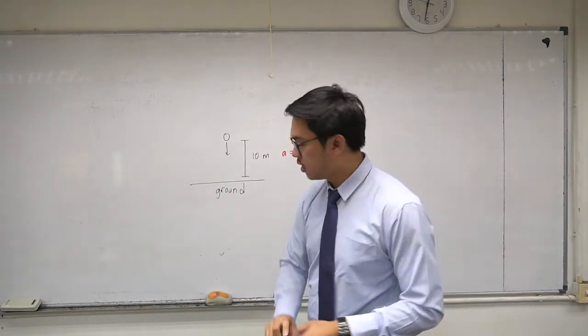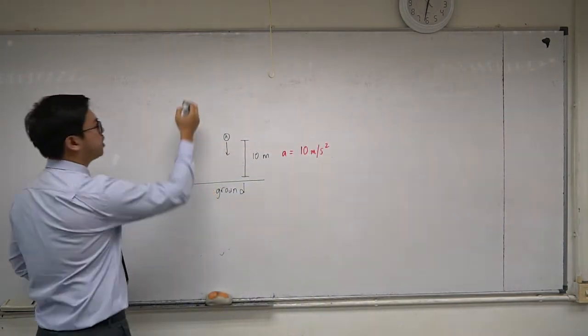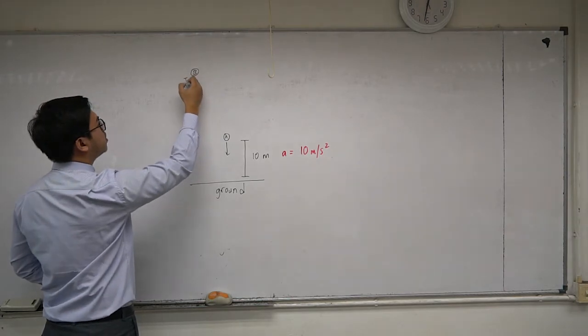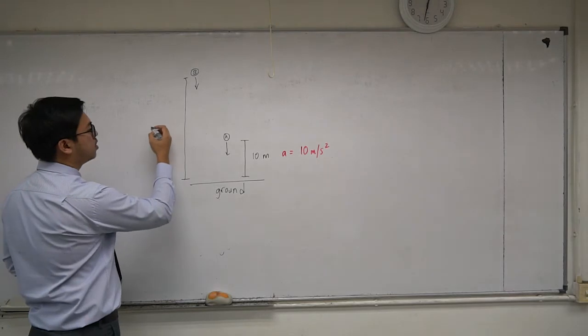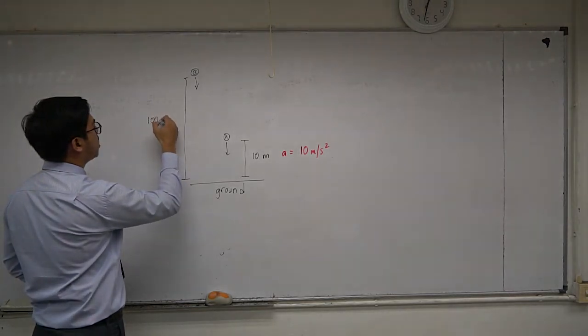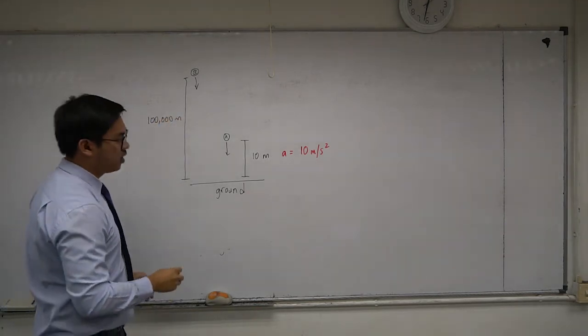Let's say this is object A. Let's say you have a different object, also free falling, and this object is much higher at a higher altitude. So let's say this is 100,000 meters. Right, that's quite high.